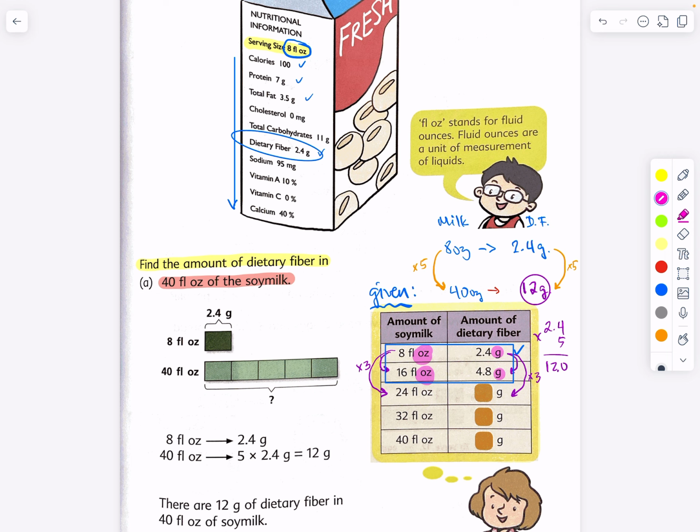Out of 4 quantities, if one is missing, we can always solve for the missing quantity. Again, we have what is given, and we were asked, what about 40 ounces? A 5-time increase in liquids gives you 5 times more fiber. That makes sense in real life: the more milk you consume, the more nutrients you will receive in your body.